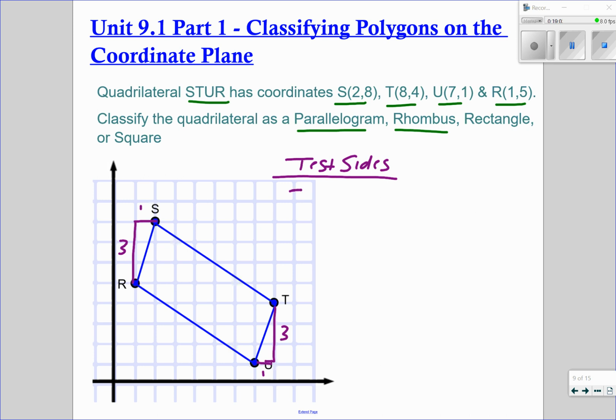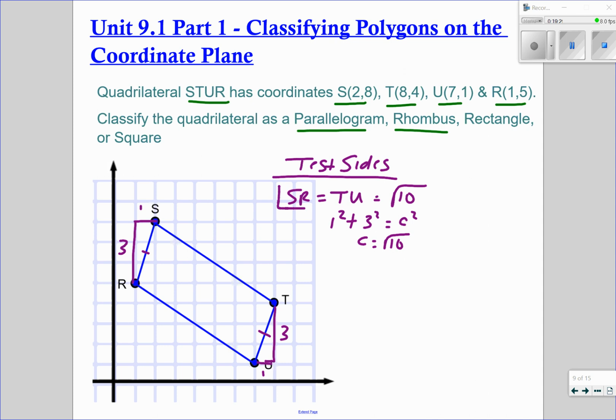So I know that SR must equal TU simply because they would both equal the square root of, if I did 1 squared plus 3 squared equals C squared, I know C is going to equal the square root of 9 plus 1, or the square root of 10. So I can go ahead and mark those congruent.